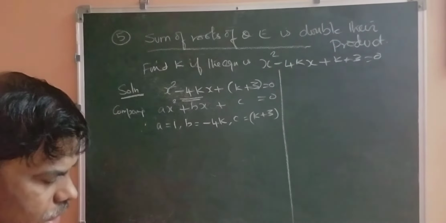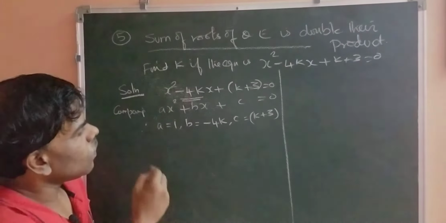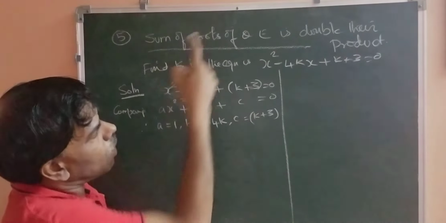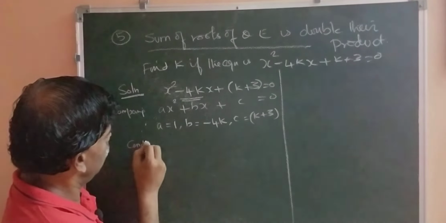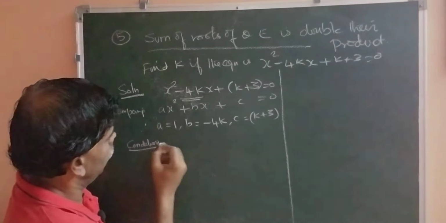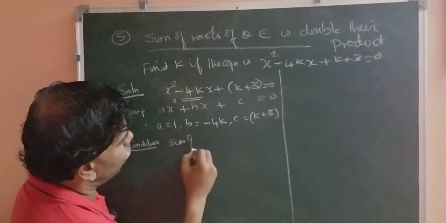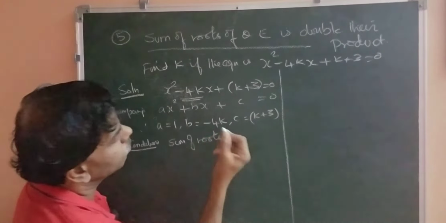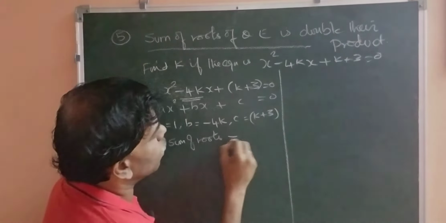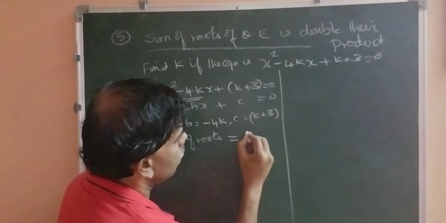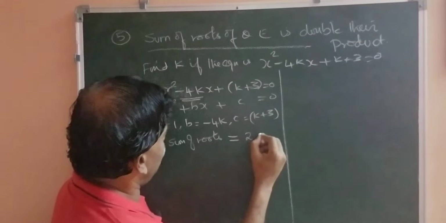Okay. Now, what is the condition given? Sum of the roots is equal to double, double means 2 times their product.